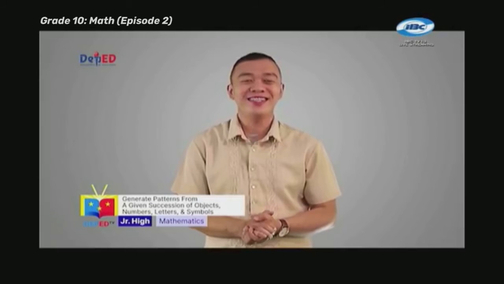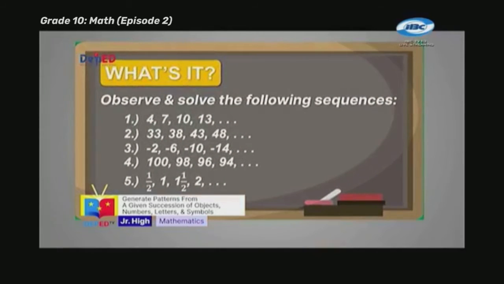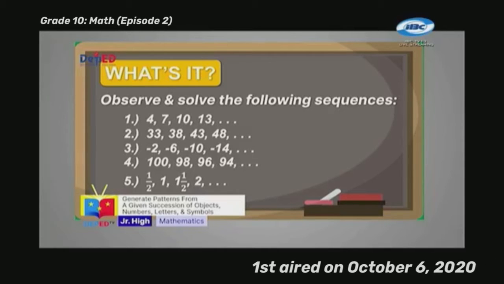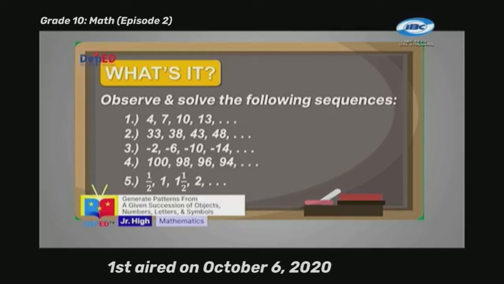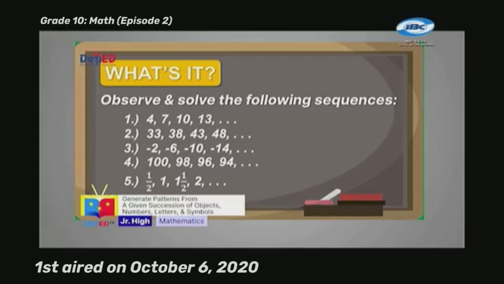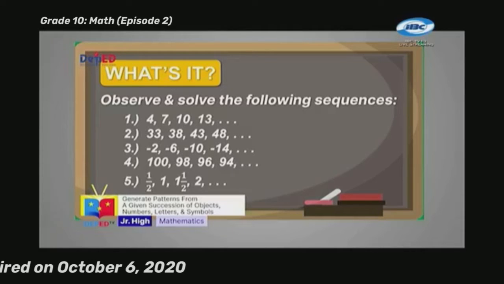Now, try to observe the following sequences. Item number 1, 4, 7, 10, 13, and so on. Item number 2, 33, 38, 43, 48, and so on. Item number 3, -2, -6, -10, -14, and so on.